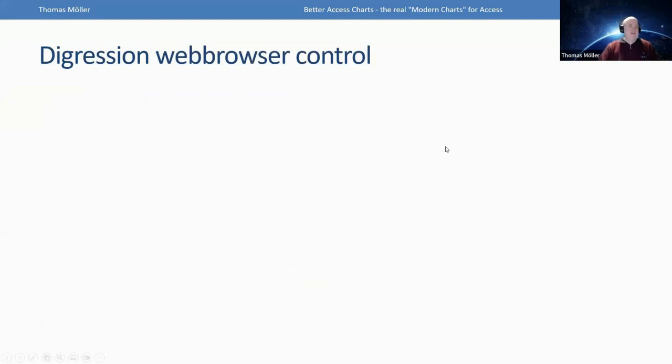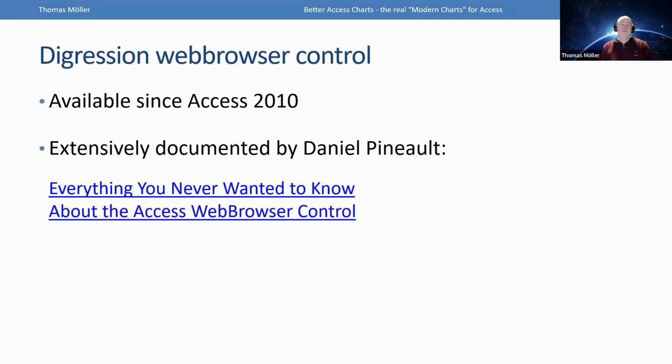So I think it's the right time to do a short digression to the web browser control. It's available since Access 2010. Daniel Pineault has done an extensive documentation. The title is Everything You Never Wanted to Know.